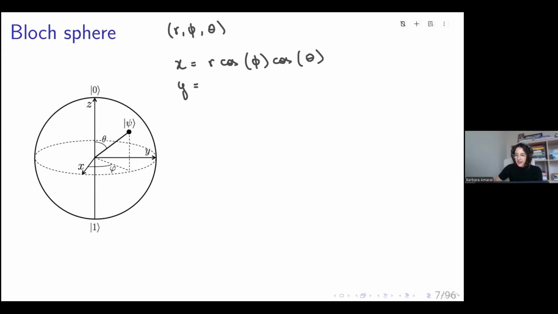So perhaps I'll have to change the role of theta and phi. We're going to do some calculations in a minute, and then we're going to figure out if I chose this correctly. y is r sine of phi cosine of theta, and z is equal to r sine of theta.